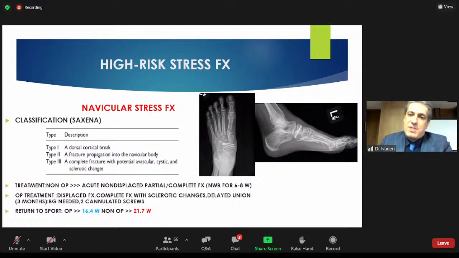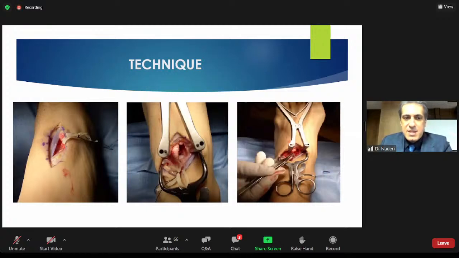Bone graft is almost always needed to deal with these fractures, and two cannulated screws are used for fixation. There's a technique of fixation because the fracture is usually located in central third. We use a dorsal incision between extensor hallucis longus and extensor hallucis brevis.